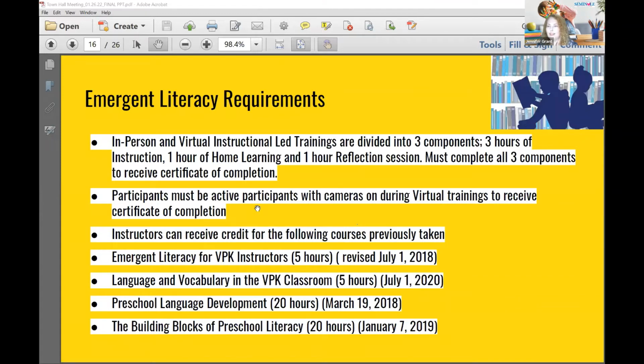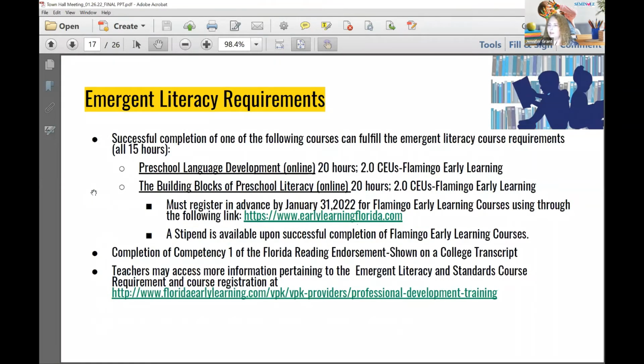If you took the newest version that was released July 1st of 2020, it will count. Preschool language development from March 19th, 2018, and the building blocks of preschool literacy, those 2 are 20-hour courses, and you'll see on the next slide that 20-hour courses that were comprehensive incorporated all of this, and therefore those would fulfill the emergent literacy requirement, all 15 hours.